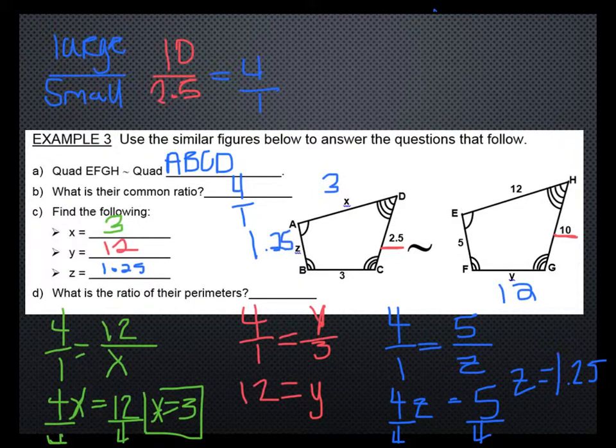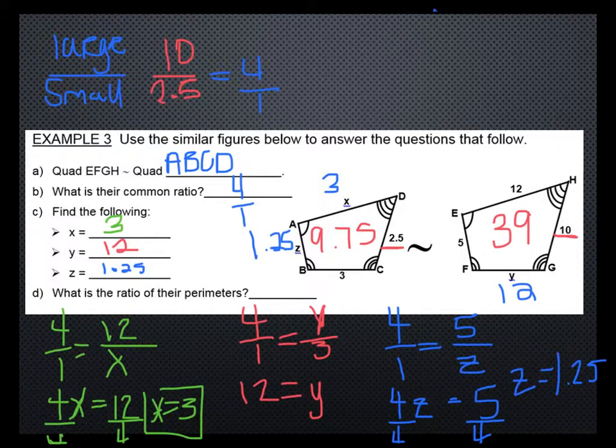The next question asks us what is the ratio of their perimeters. If we add their perimeters together, 10 plus 12 is 22, plus another 12 is 34, plus 5 is 39. The perimeter of ABCD: 3 plus 3 is 6, plus 2.5 is 8.5, plus 1.25 is 9.75.